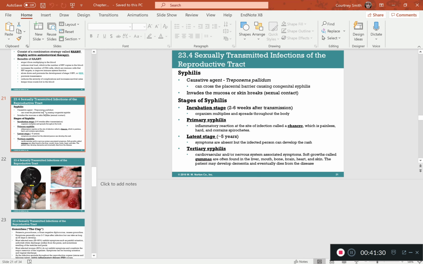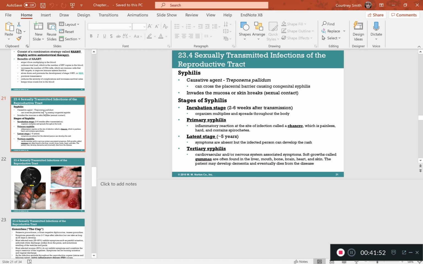And then you have primary syphilis. This is where you'll have a reaction at the infection site, generally in the genital area, where a sore will appear. It is painless, but it is hard.